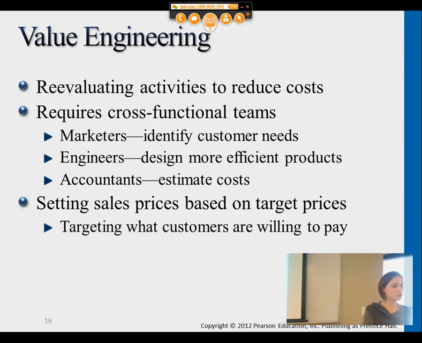So you're going to set your selling price, even if you are under the same company, based on your target price, whatever it costs to produce that. You remember I talked to you in the very beginning about producing Toyota in Ohio? And in Japan, the costs are different, the target prices are going to be different, it's all different, even though it might be one company. We want to target what customers are willing to pay.